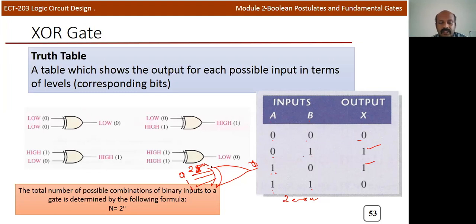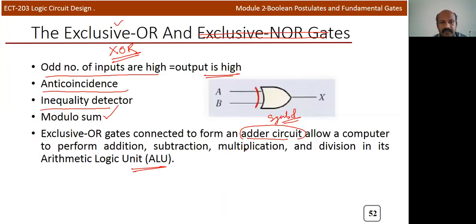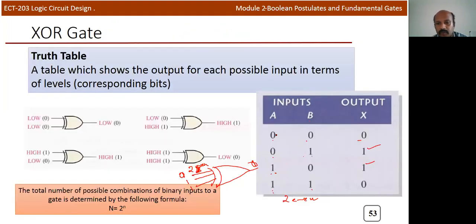Or in other words, if it is a 2-input gate, it is very easy to find out. I already mentioned the inequality detector. If both inputs are 0, the output is 0, because they are equal. The XOR gate detects inequality. Here one input is 0 and the other input is 1, so the output is 1, because the XOR gate is an inequality detector.